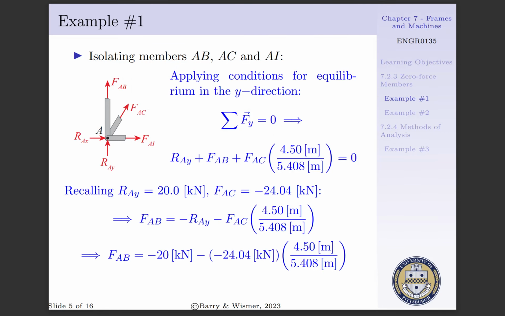In doing such, we can solve for FAB, which is equal to minus RAY minus the y component of FAC. Upon substituting in values and solving for FAB, we find that FAB is equal to 0 kilonewtons. This corroborates our rule that members AB and BC are zero-force members, for they are two non-collinear members connected at a shared joint that does not experience any loading or reactionary forces.